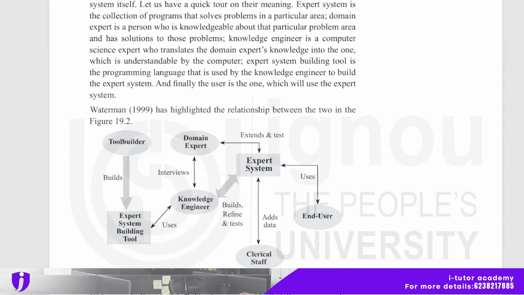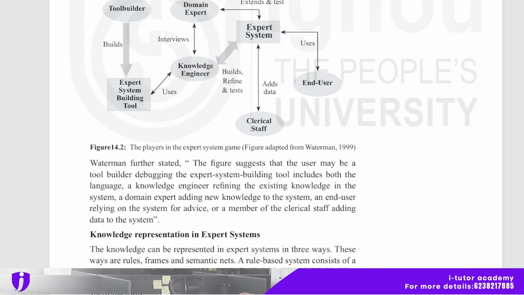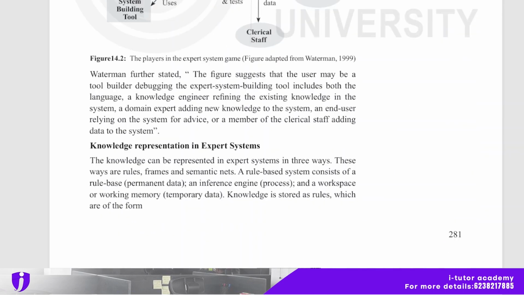Next are the players in the expert system game. The tool builder builds the expert system building tool, and the domain expert is interviewed by the knowledge engineer. The expert system is extended and tested. The end user is on one side, and uses the expert system, along with clerical staff also. Okay.